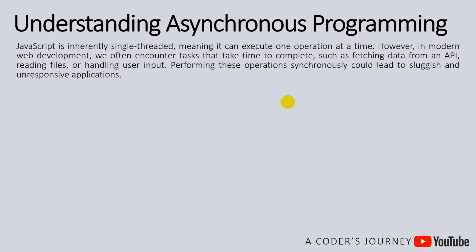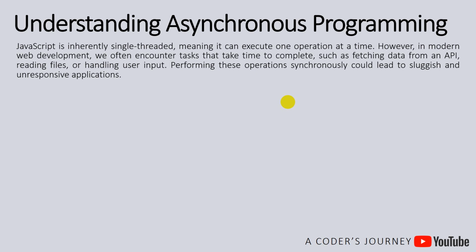Now, JavaScript is inherently single-threaded, right? So there is one single thread that is running your code. It means that the code that you have written is executed one operation at a time, right?